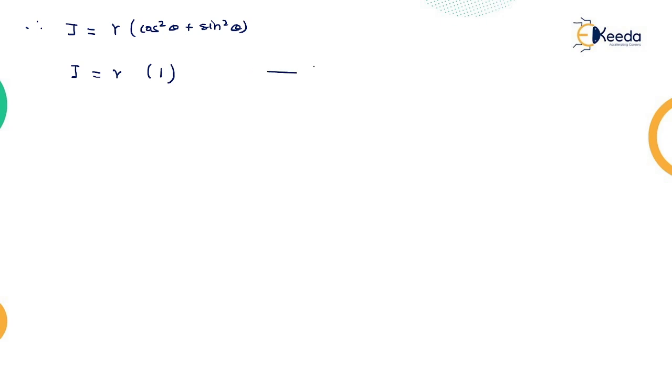So I am writing here, since trigonometric identity means its answer should be 1. So what is the trigonometric identity? It is sin square theta plus cos square theta equal to 1.